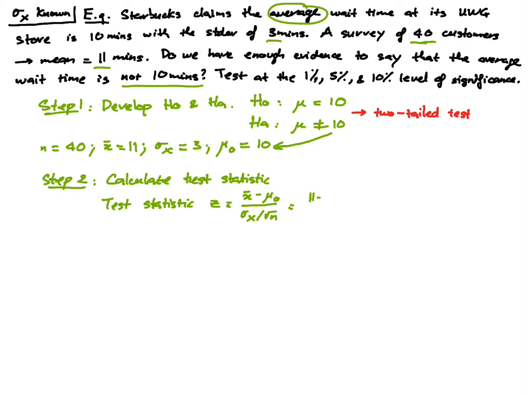Which is 11 minus 10 divided by 3 over the square root of 40. You do the math here, you get 2.11 for your test statistic.